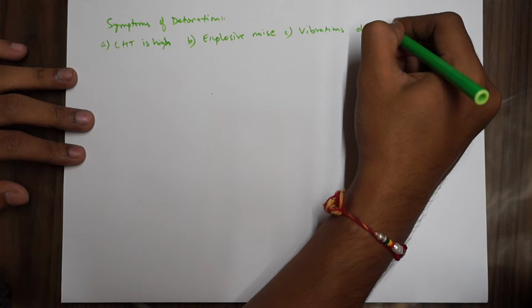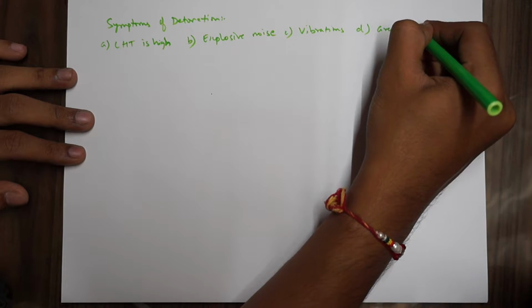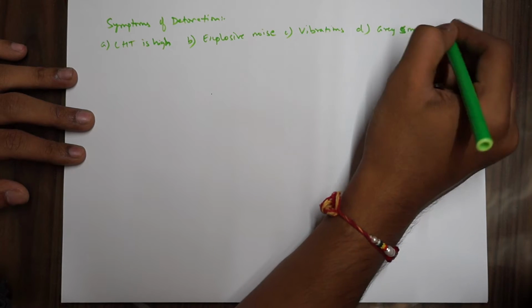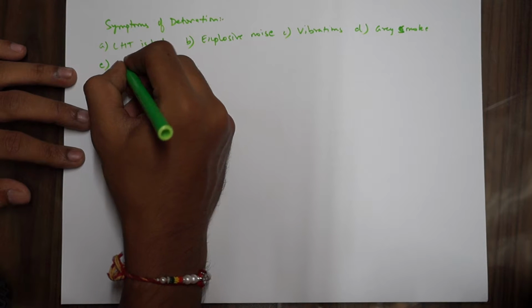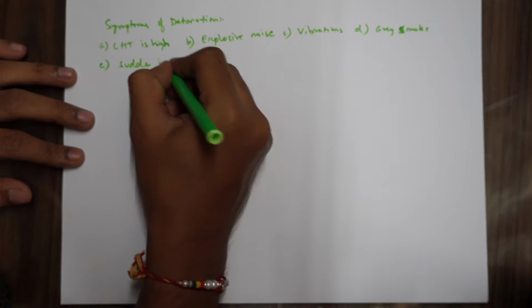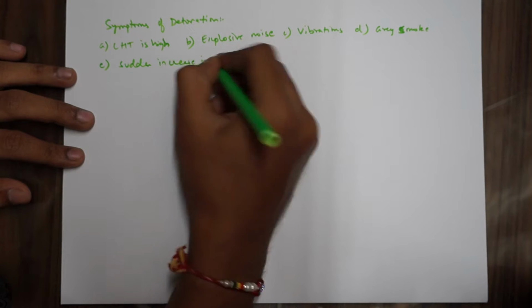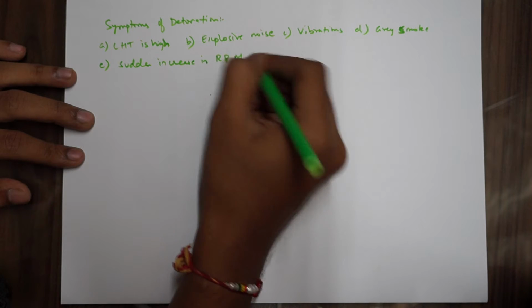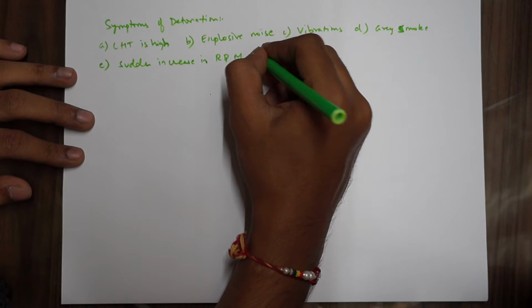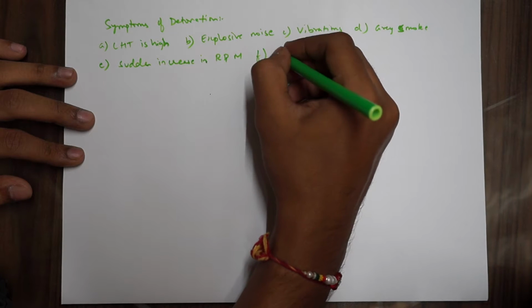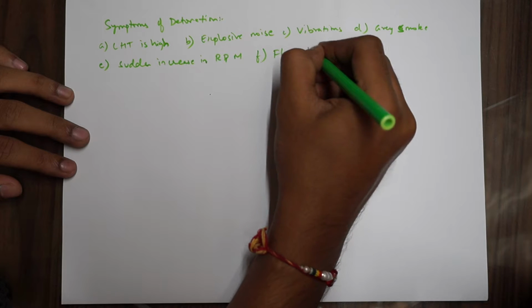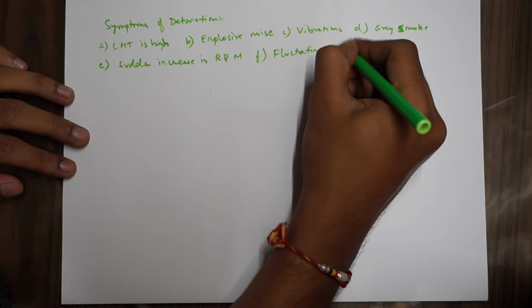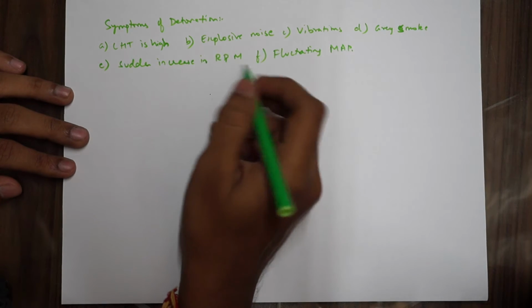D, a puff of gray smoke at the exhaust. E, a sudden increase in RPM. F, you can also have fluctuating manifold pressure. Okay, so these are the symptoms.